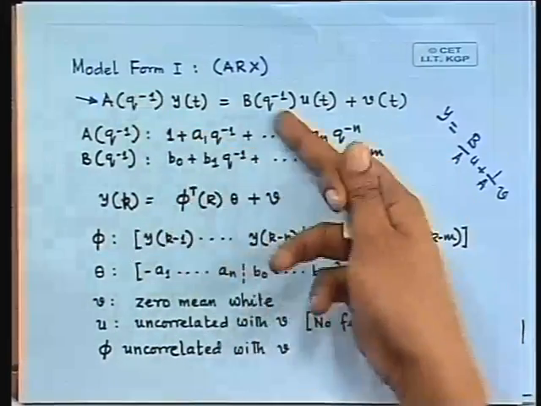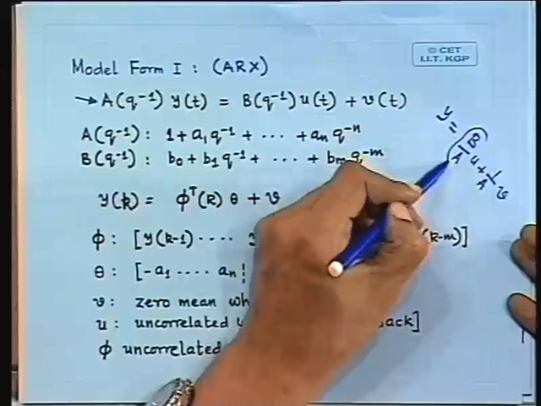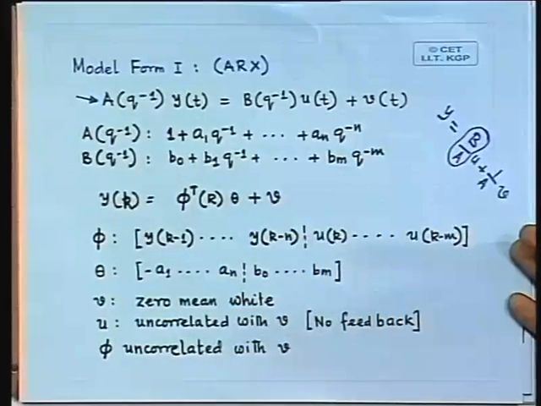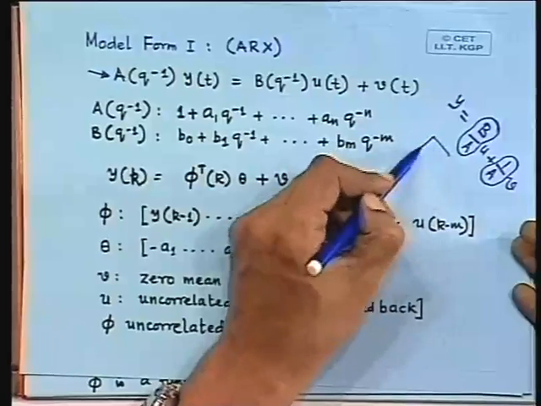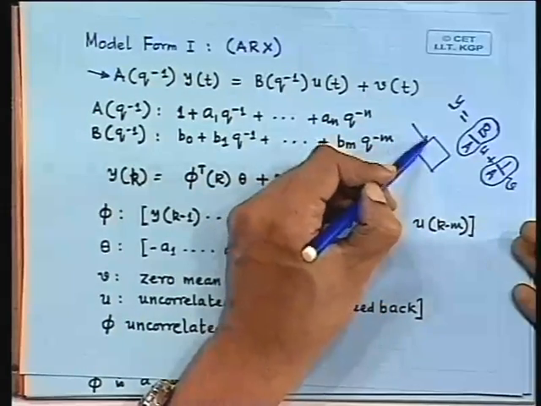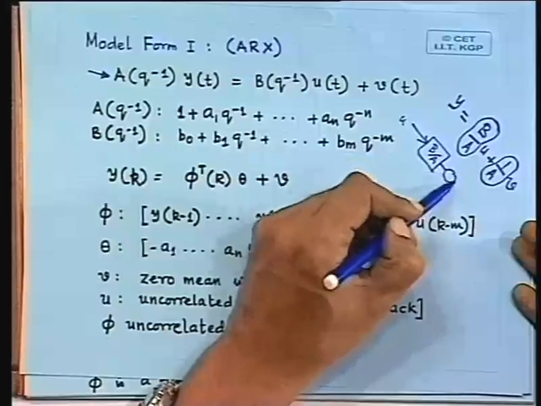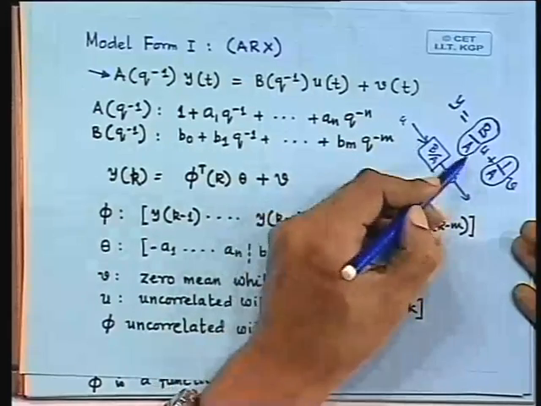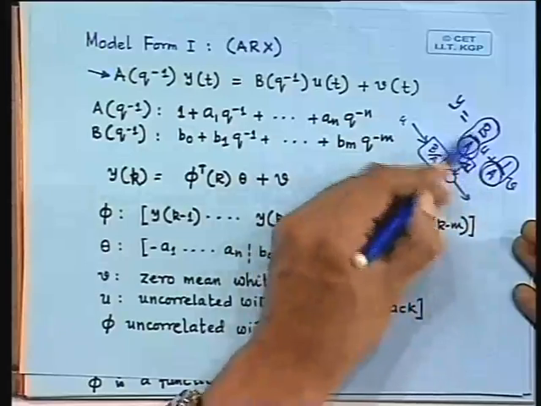From this, just simply divide by a. So this is your input transfer function, and this is your noise transfer function. So you are assuming as if the data is generated by u through b by a, and v also coming through 1 by a. So this a you are assuming to be common. Why?